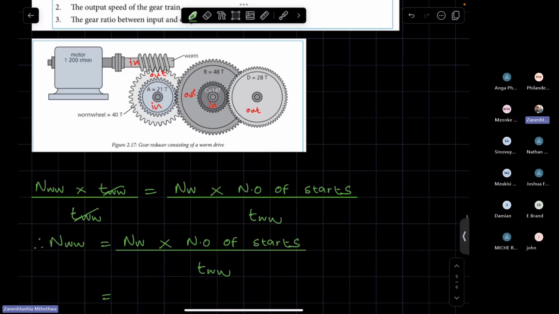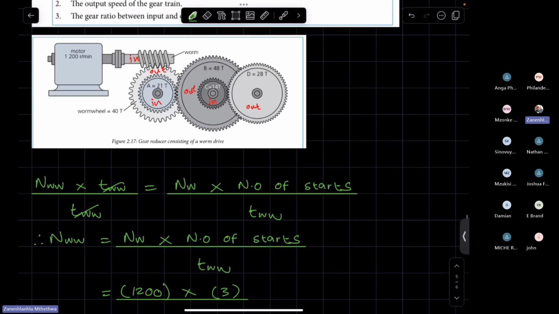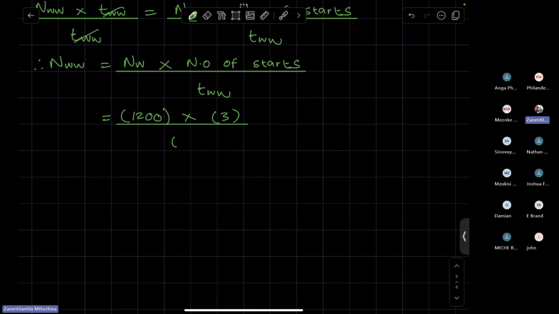The worm's rotational frequency is 1,200, times the number of starts, which they said is 3, divided by the number of teeth of the worm wheel, which is 40. Punch this in your calculators: 1,200 times 3 divided by 40 is 90. So that's 90 revs per minute.